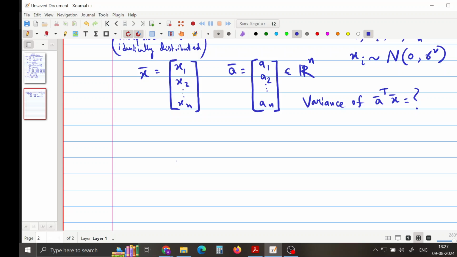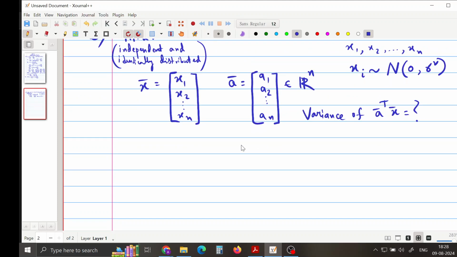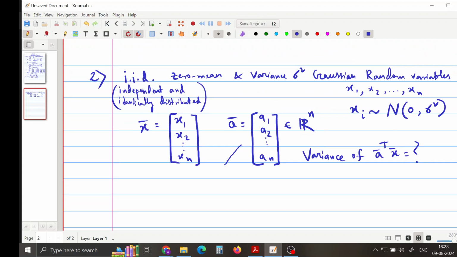Clearly you see the A transpose X. Is it a vector or a scalar? A bar transpose X bar. Scalar? Yeah, it's a scalar basically. It's clearly an inner product.